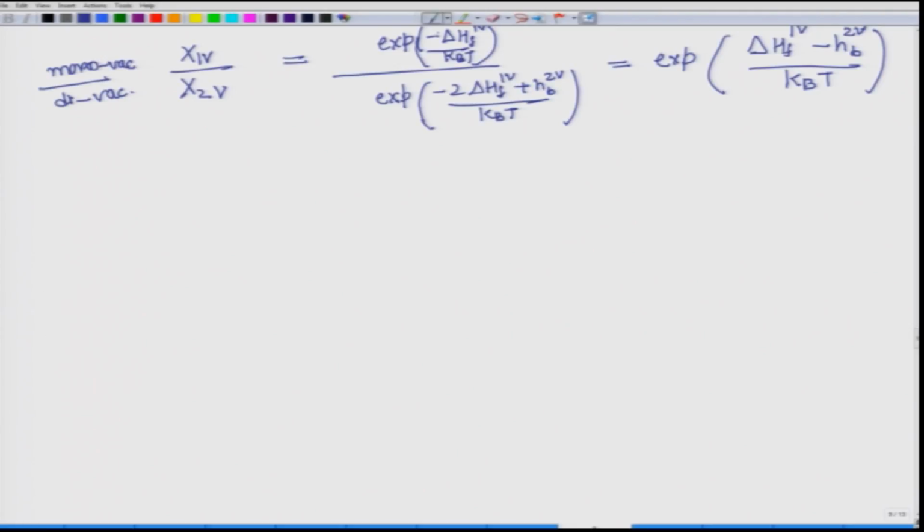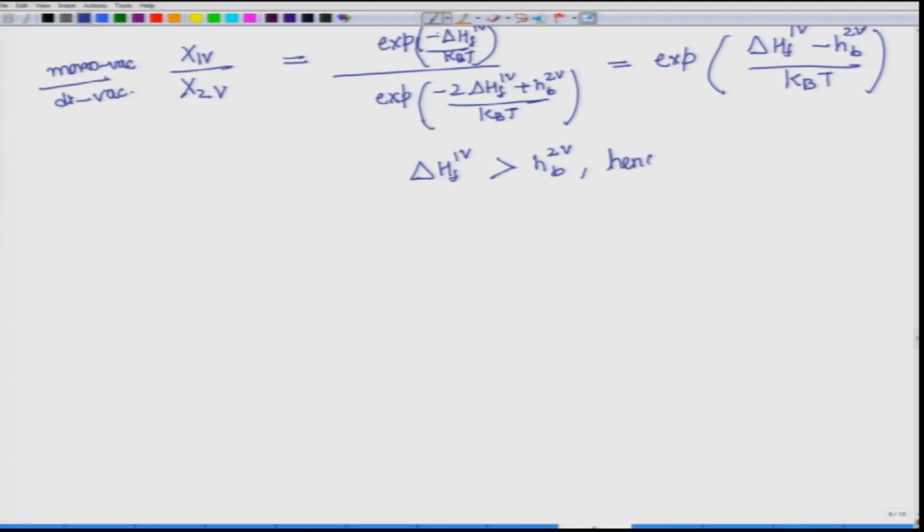Now, what do we see here? Obviously, this term, which is delta HF 1V, is greater by a big margin than this term HB 2V.